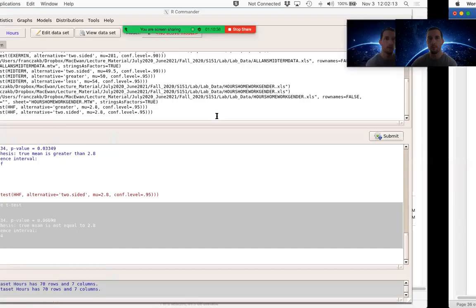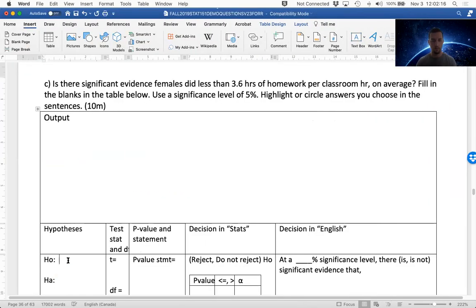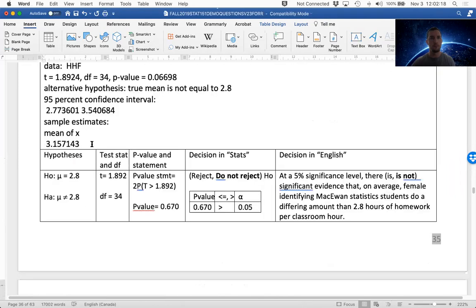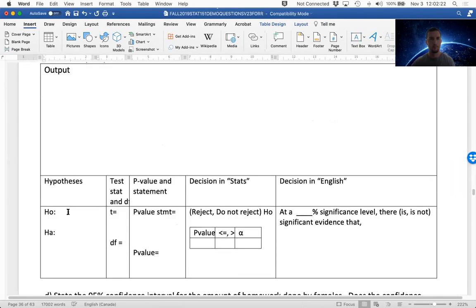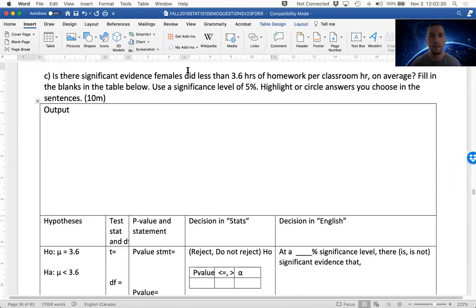Okay, so this is a very similar question again. So here we're going to have mu equals 3.6 versus the alternative mu less than 3.6 now, right? So the question is asking us right off the bat, significant evidence they did less than.